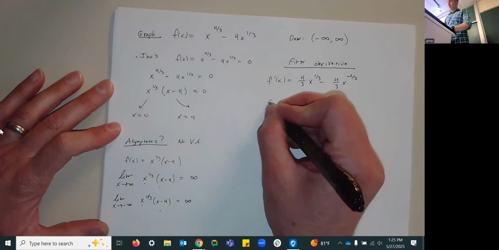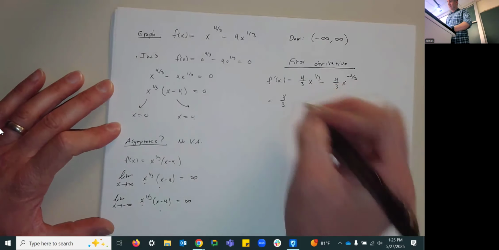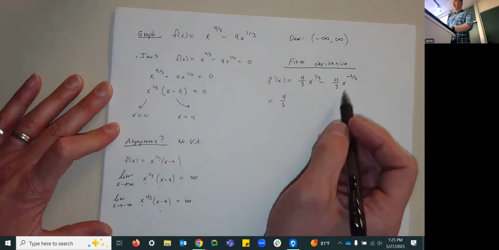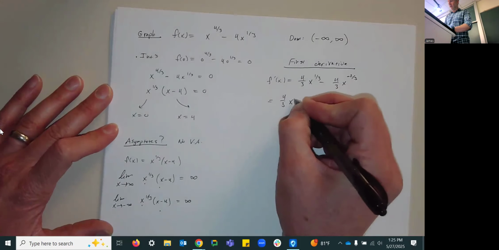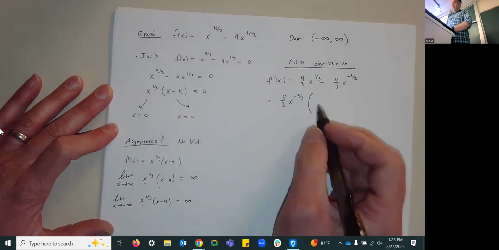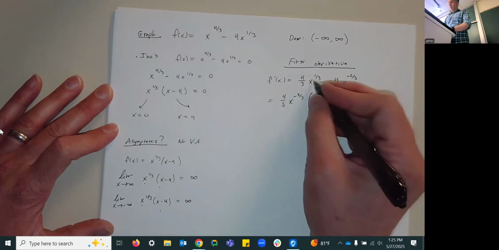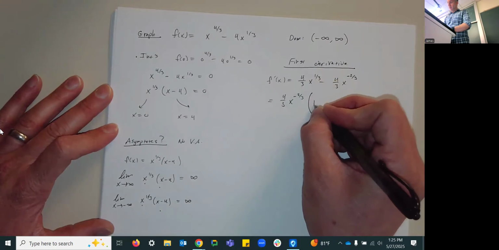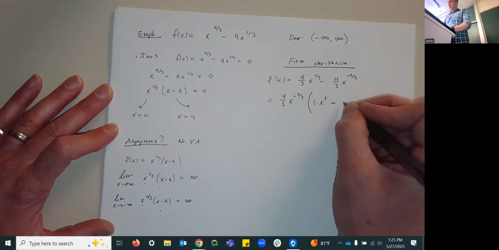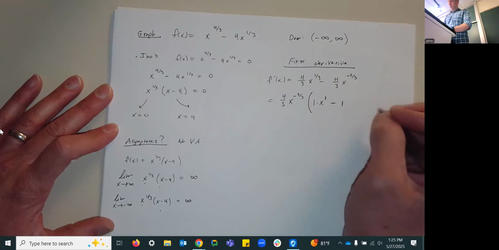So I'm going to factor. Factoring is our friend here. I'm going to factor out 4/3 and always the smaller power of our common factor. So I have an x to the positive 1/3, I have an x to the negative 2/3. I'm going to factor out an x to the negative 2/3. So I'm left with a 1 times x to the 1 minus a 1 times, that's all I got, just a 1.